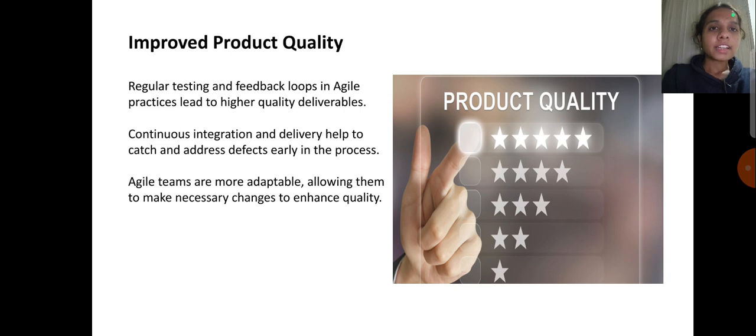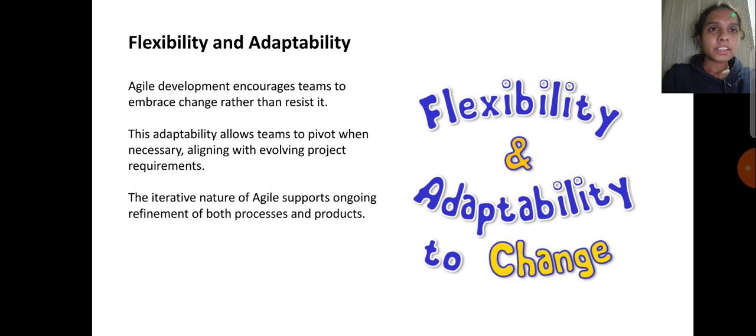And agile teams are more adaptable, allowing them to make necessary changes to enhance quality. And you can see the product quality picture, and this is how to improve product quality with agile practices.